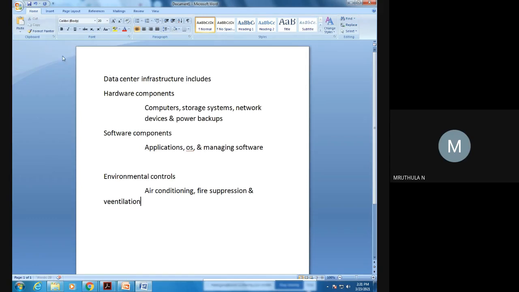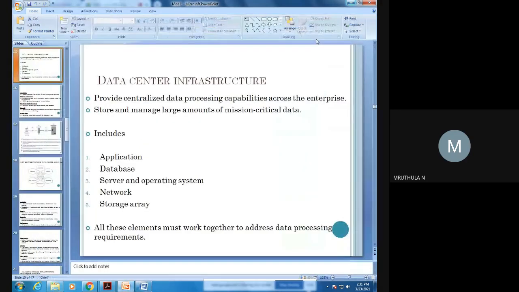Okay, so in a data center infrastructure, it includes hardware components, software components, and environmental controls. And a data center stores and manages a large amount of data. We know that in this era, a large amount of data is created by individuals and organizations day by day. Okay, so here these are the core elements of a data center.